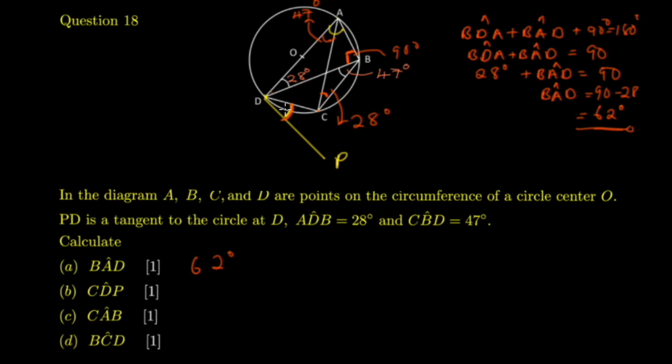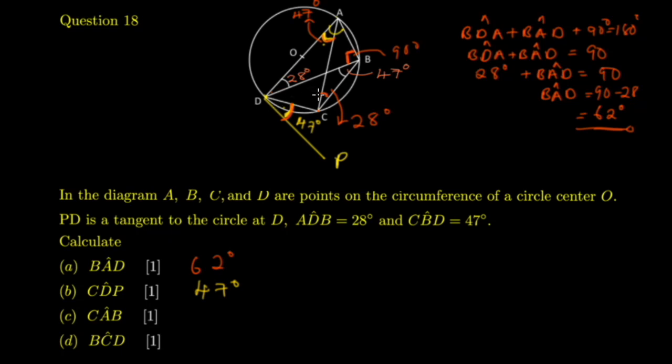So always, if you go inside this triangle and go to the opposite, they should be equal. So this angle and this angle, according to the theorem, should be equal. The angle subtended at the tangent is equal to the opposite interior angle of the triangle. So here it should also be 47 degrees. So this one should also be 47 degrees.